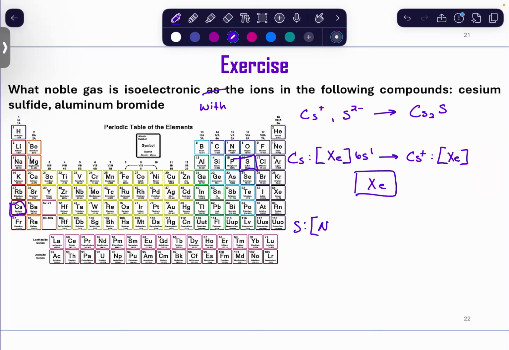Sulfur is an inner shell of neon, 3s2, 3p4. It's going to want to fill up that n equals 3 valence level and become 3p6. So it's neon, 3s2, 3p6, and that takes sulfur over to argon. So sulfide is isoelectronic with argon.